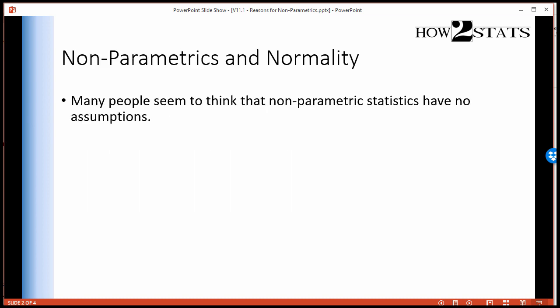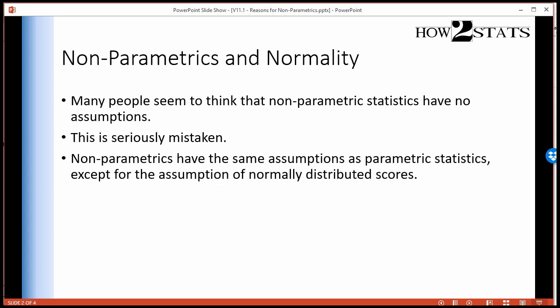Now, something about non-parametrics in practice is that it seems to me that people think that non-parametric statistics have no assumptions whatsoever. I've even heard colleagues mention that the reason they used them is because non-parametrics don't have any assumptions, and that's really quite a mistaken belief. Non-parametric statistics in fact have the same assumptions as parametric statistics, except for the assumption of normally distributed scores.